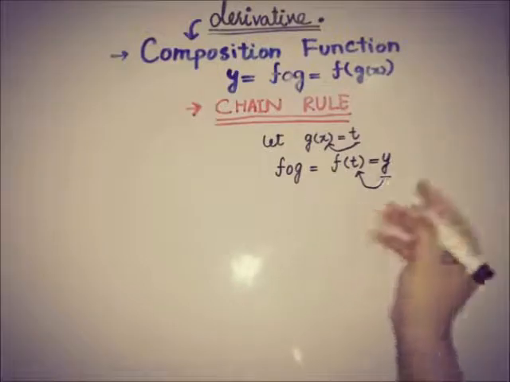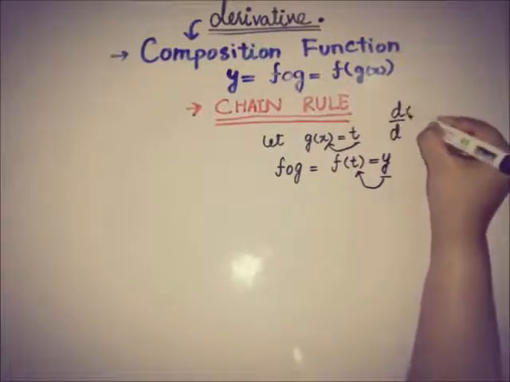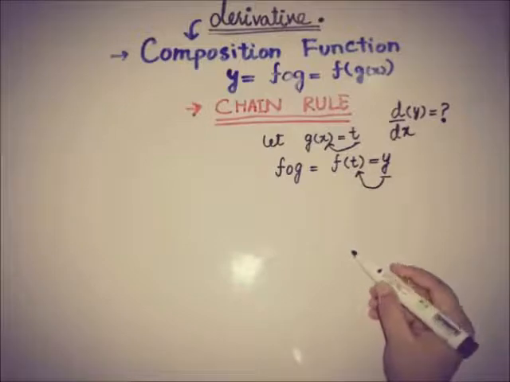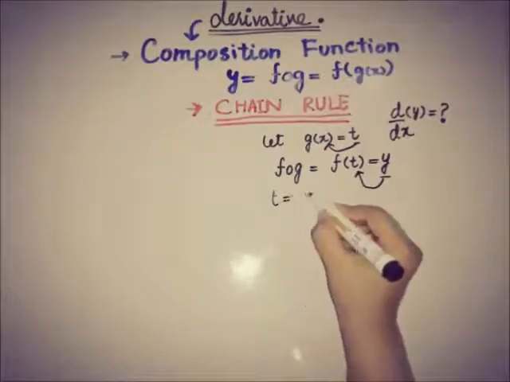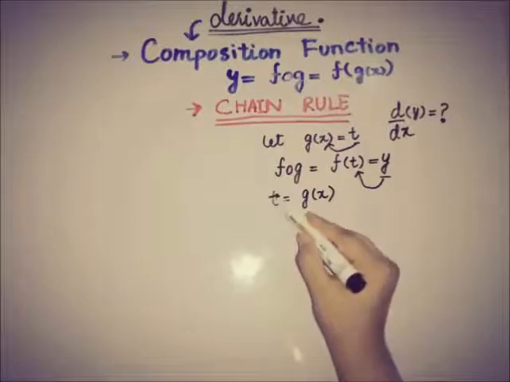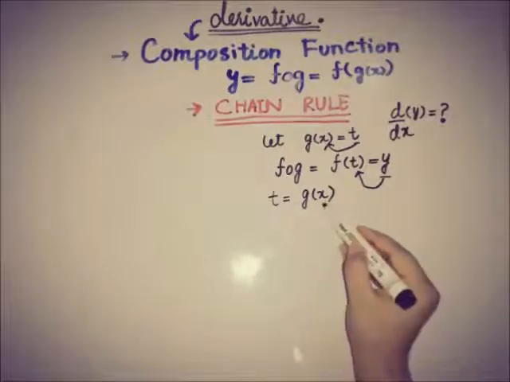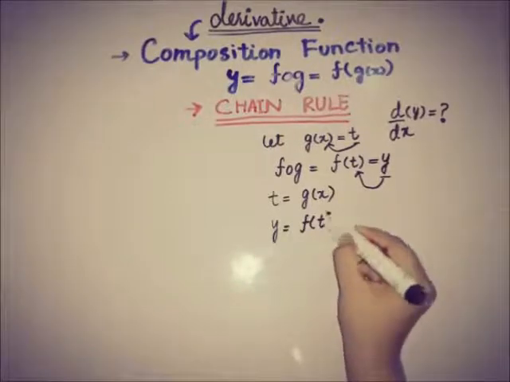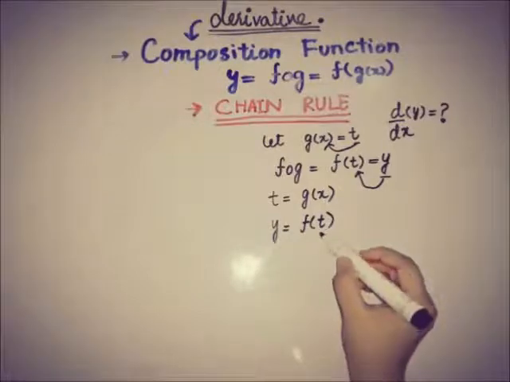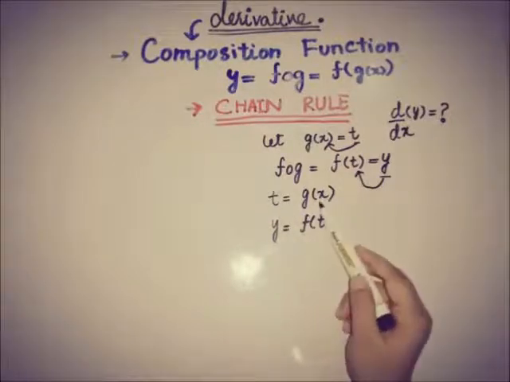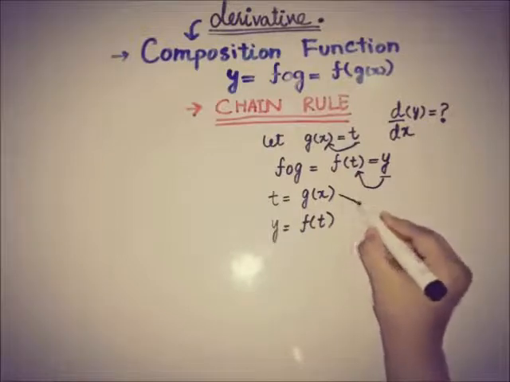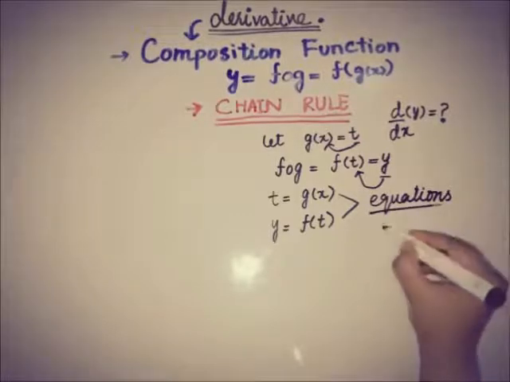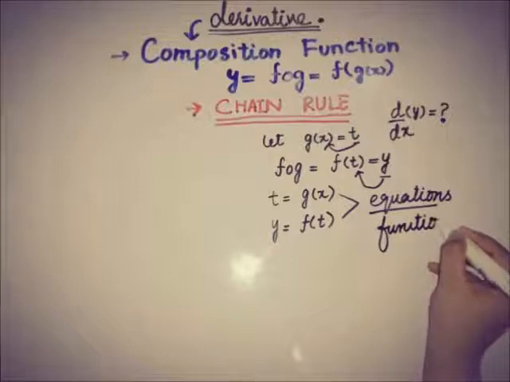In order to find the rate of change of y with respect to x, what do we have to do? We just have to find the rate of change of this dependent variable with respect to its independent variable. We have to find the derivative of y with respect to t and the derivative of t with respect to x, which means that we have two different functions.